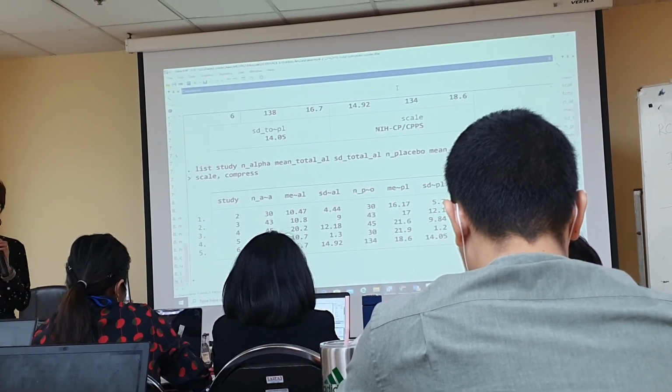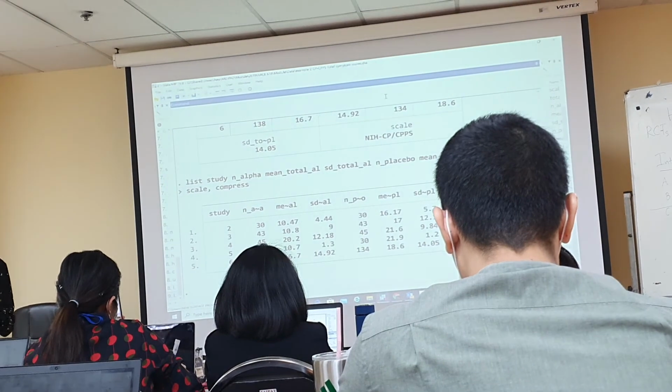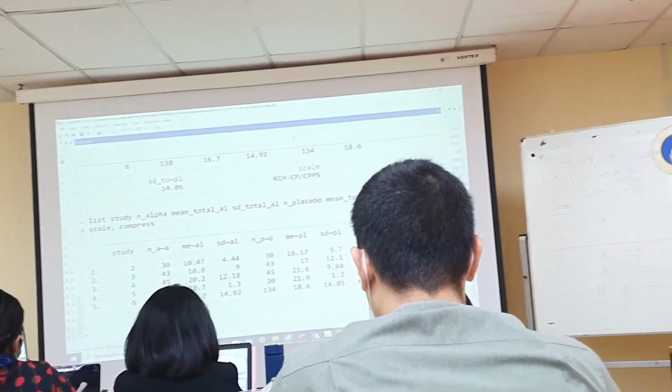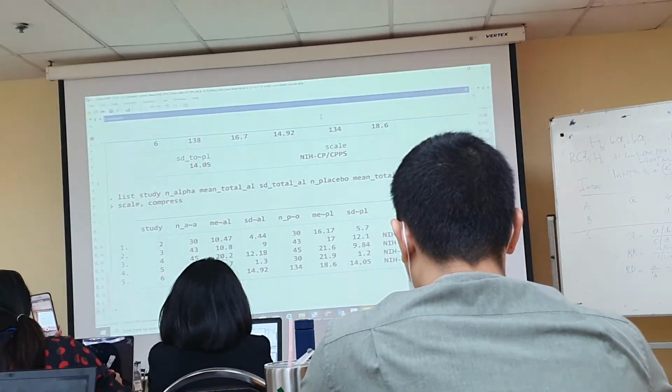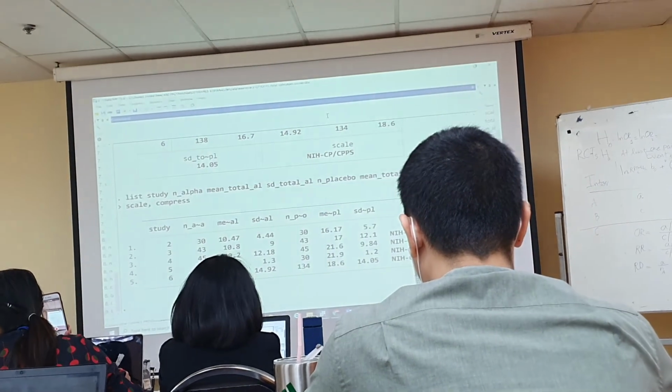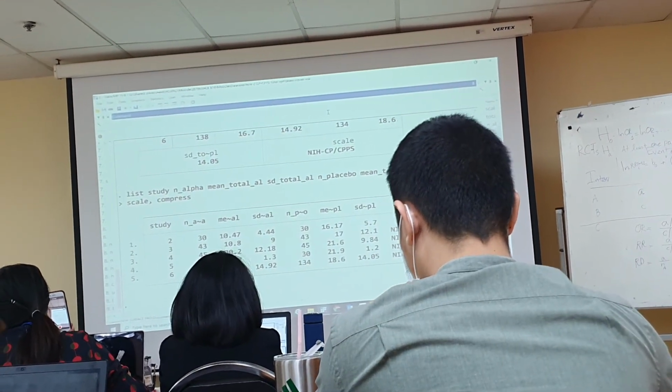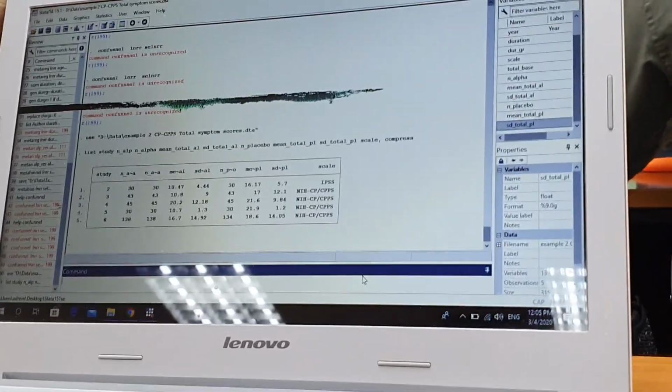If we want to combine them all together, we now have to standardize the mean. We have to pool the standardized mean difference, because they use different scales.